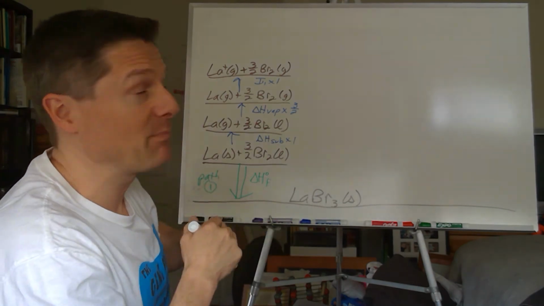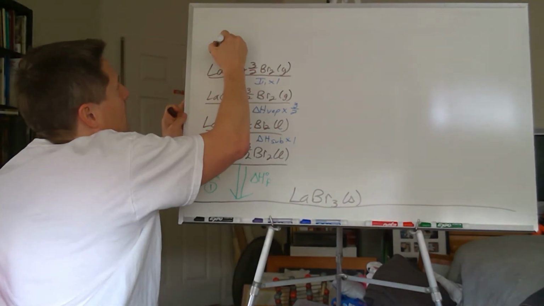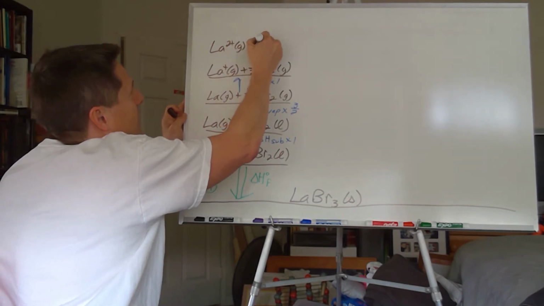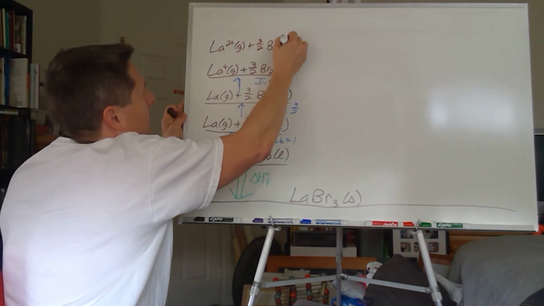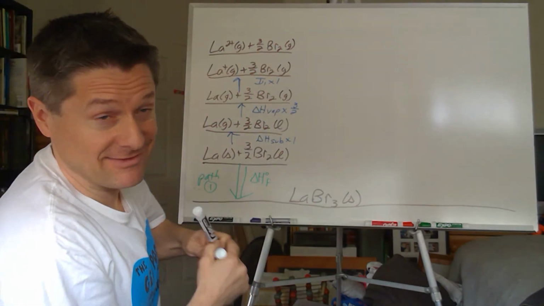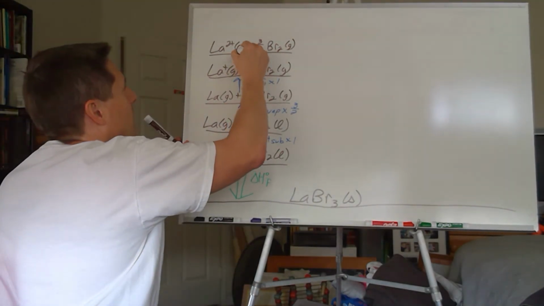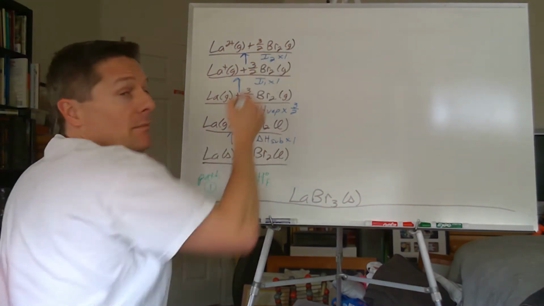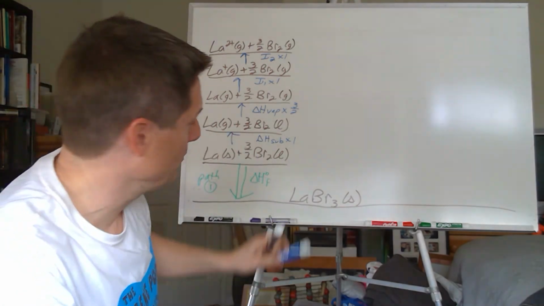I don't know if I'm going to have enough space. I'm going to get squishy here. Let's go to lanthanum plus 2 in the gas phase, plus 3/2 bromine gas. Getting squishy. You've got a whole page, I don't. That'll be the second ionization energy of lanthanum times 1. You can zoom in on the computer, right?